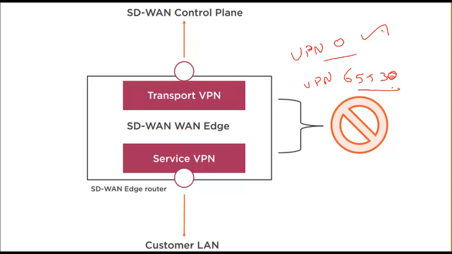Even on the controllers, not only on the SD-WAN edge, like vSmart, they also have this reservation, VPN 0 and VPN 512.